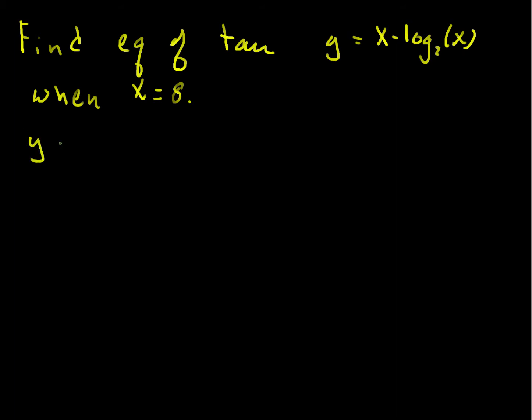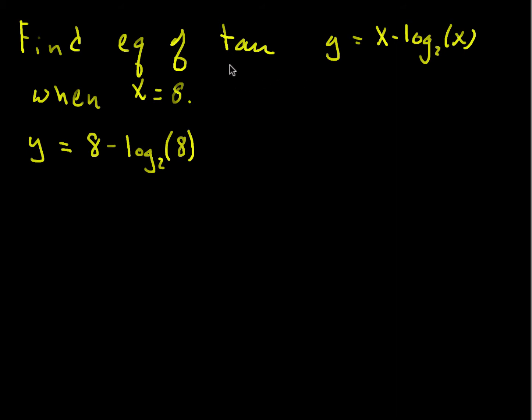When x equals 8, y is equal to 8 minus log base 2 of 8. Now this is a value you should be able to calculate, because what is this saying? Log base 2 of 8, what is it equal to?